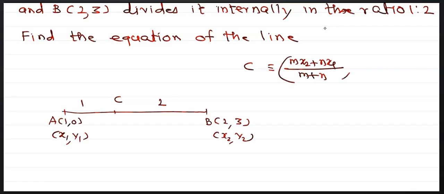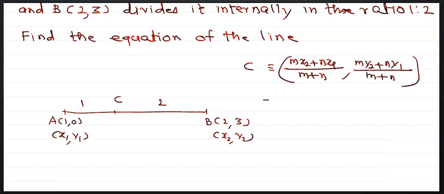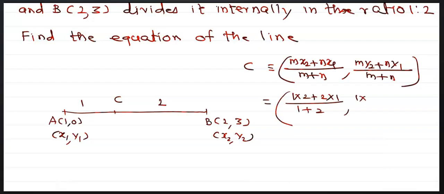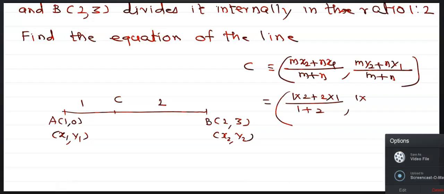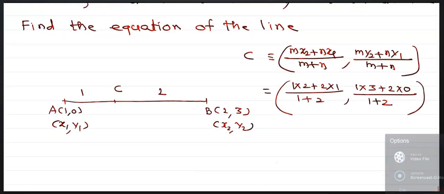C is ((m x2 plus n x1) upon (m plus n), (m y2 plus n y1) upon (m plus n)), that is ((1 into 2 plus 2 into 1) upon (1 plus 2), (1 into 3 plus 2 into 0) upon (1 plus 2)).